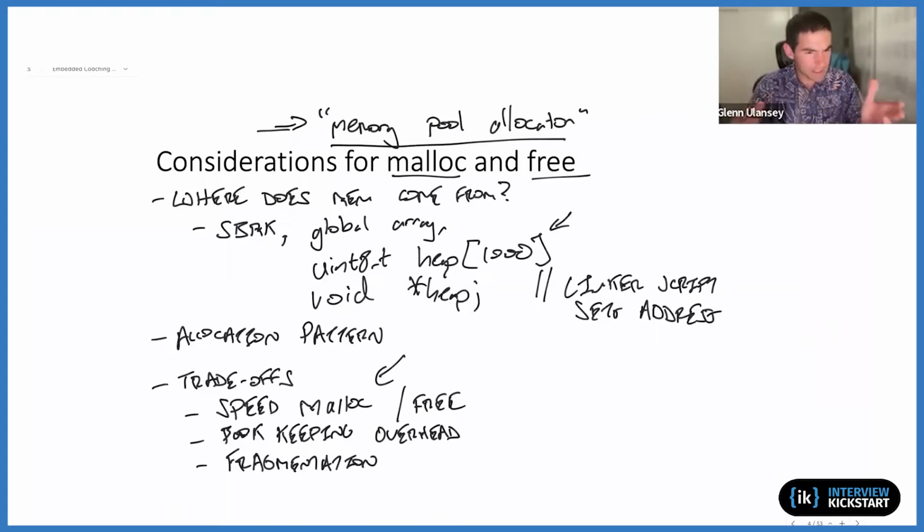In an embedded system, predictability is potentially more valuable than any of the other things I mentioned. You might be willing to have a slower malloc, slower free, more bookkeeping overhead, as long as it is a predictable and consistent time requirement for malloc and free.